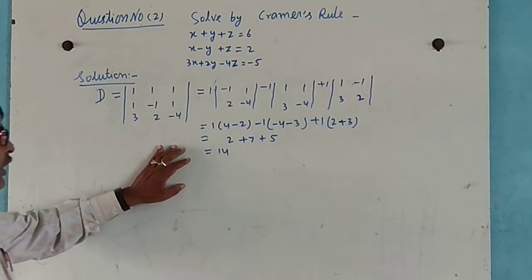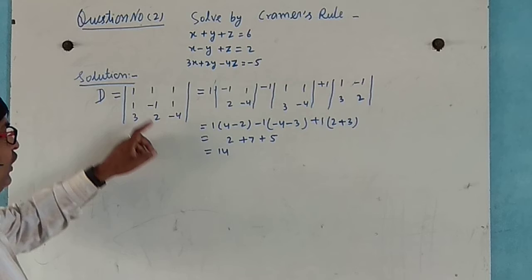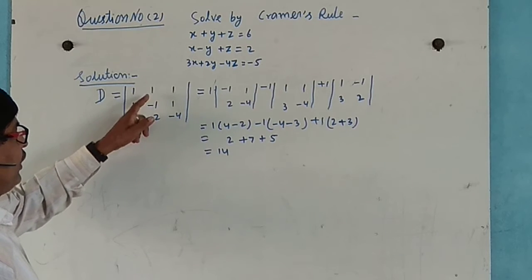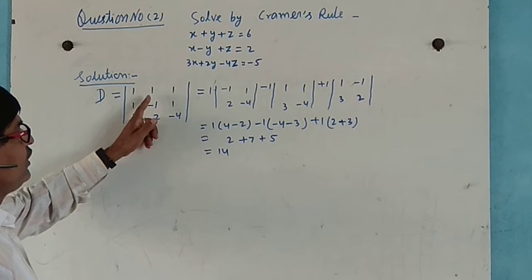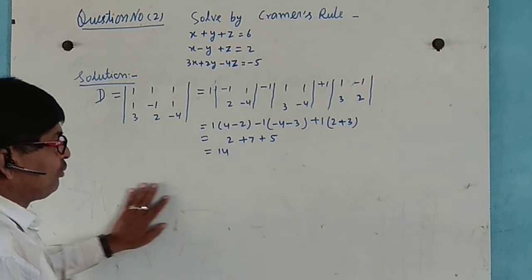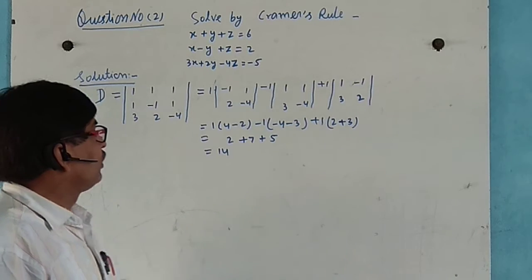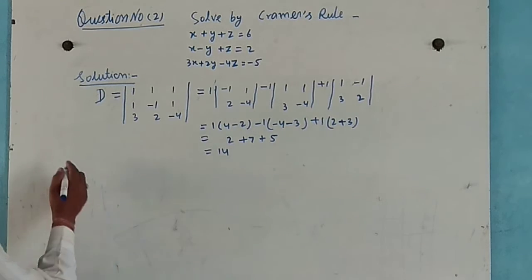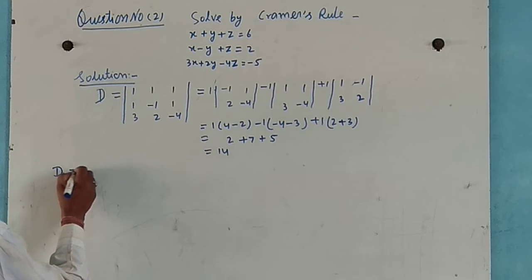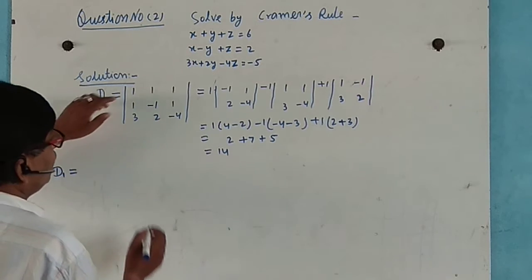Now you can also solve by applying the property: C1 replaced by C1 minus C2, C2 replaced by C2 minus C3. After that we can also calculate the value of D1.